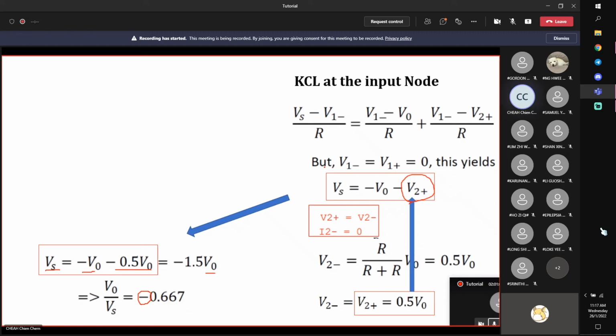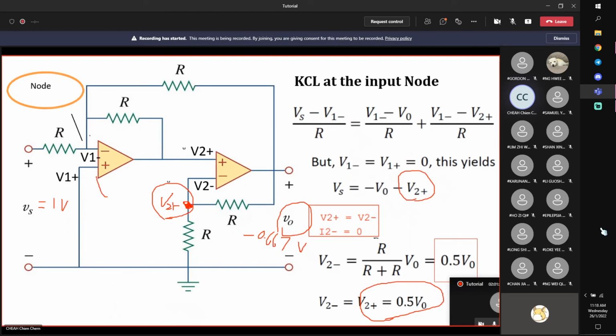So remember, for op-amps basically is to impose, right, all these properties of op-amp. V plus equal to V minus, I plus equal to I minus. And after that, basically it gives you some information about your node voltages and your current, right, with respect to the op-amps. Okay, after that you can treat as if the op-amp is not there.